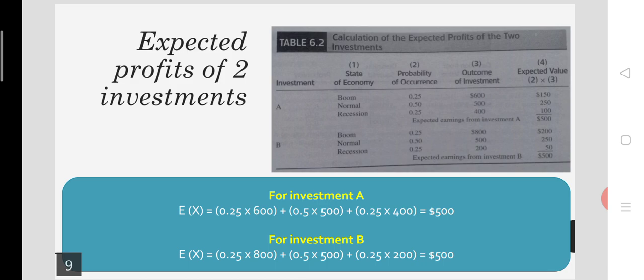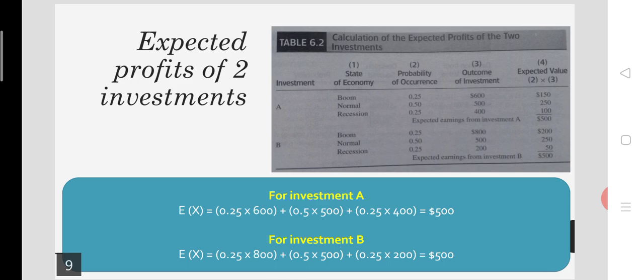Regarding investment project A, there are three possibilities to happen in an economy. The economy could have a boom or prosperous period, or it could be normal, with no ups and downs, only normal economic activities. The third possibility is a recessionary trend in the future.